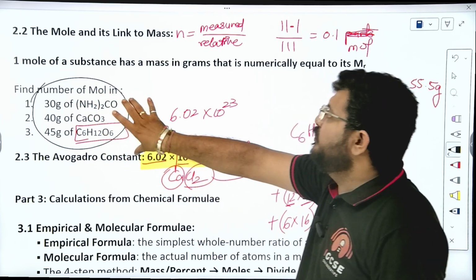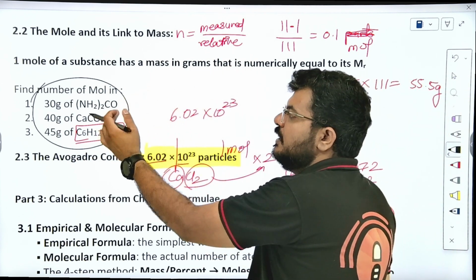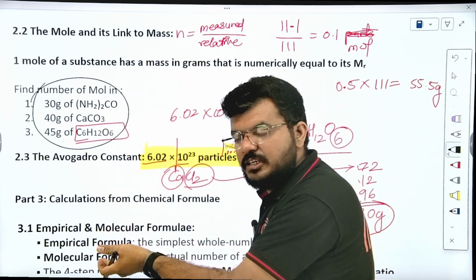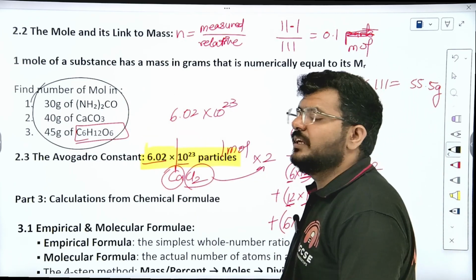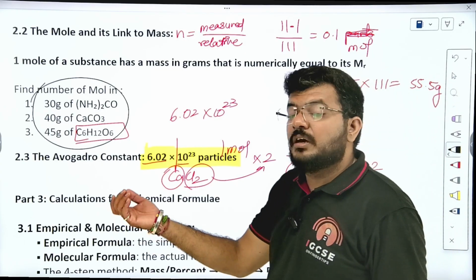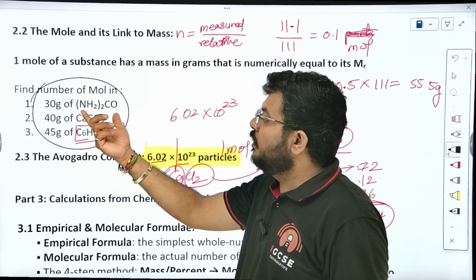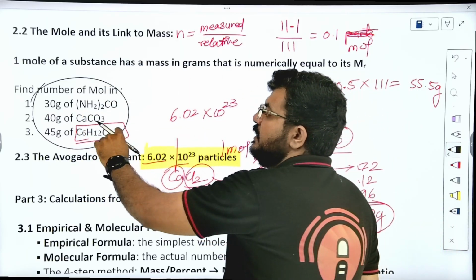Now, can you find out the relative masses? Take 30 in the numerator, the relative mass in the denominator, and tell me the number of moles in each of these examples. As an exercise, you can also find out the number of atoms or the number of ions of each element in these things.